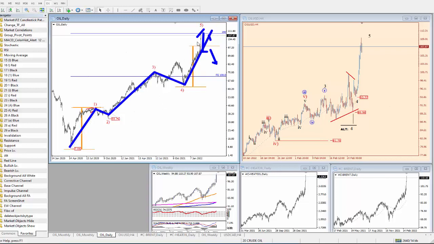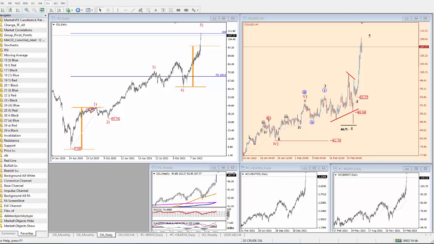This can be an extended wave 5, so price action is still good, but despite the very volatile moves, we could be moving into some very strong resistances, at least in the near term. So even if you're bullish crude, just be aware that there can be very nasty reversals.